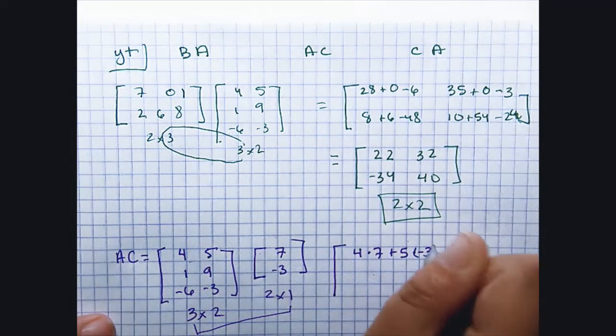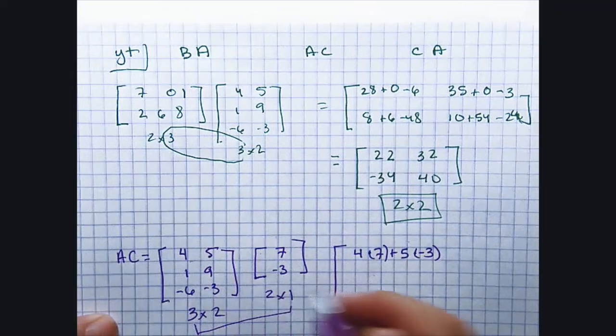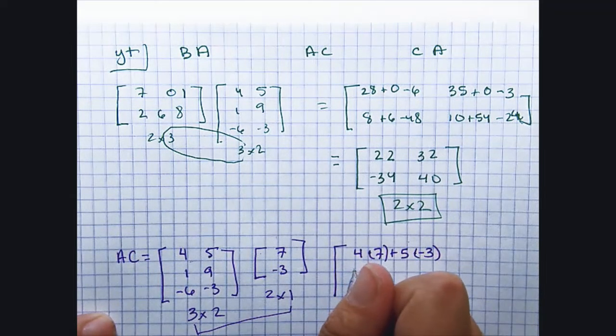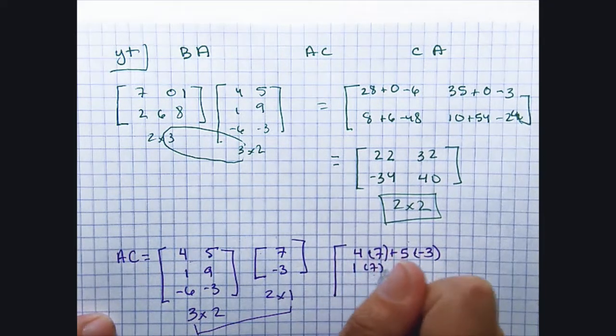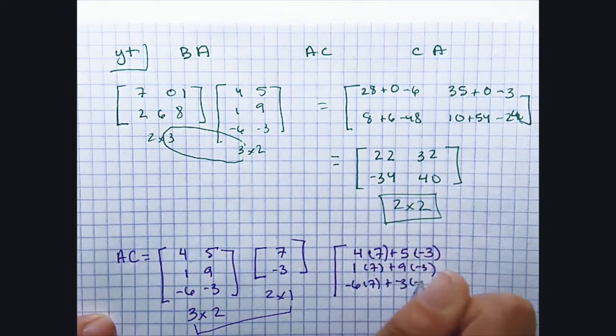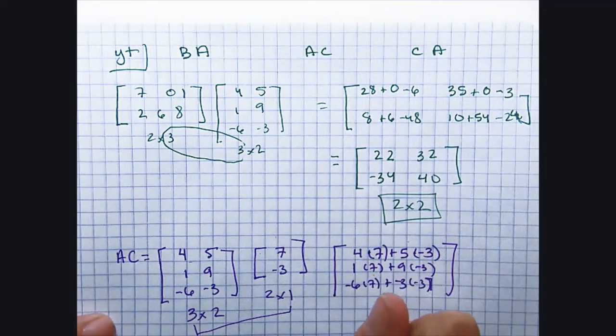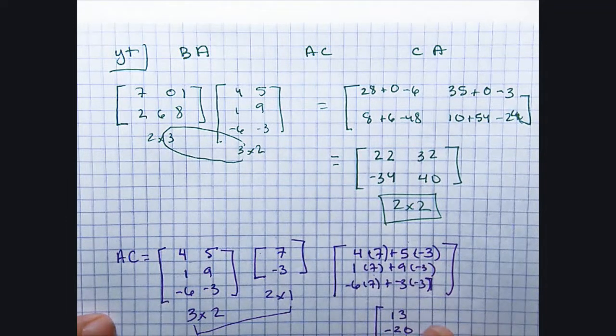And then row 2 into column 1 will be 1 times 7 plus 9 times negative 3. And then negative 6 times 7 plus negative 3 times negative 3. And our answer would be 13, negative 20, negative 33.